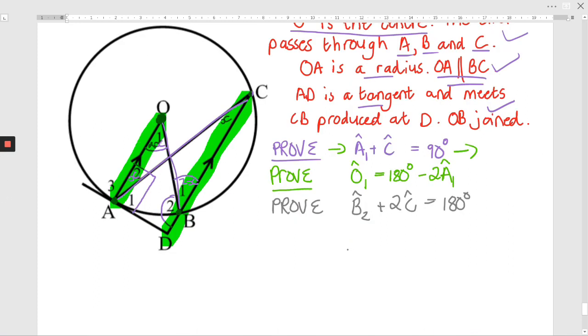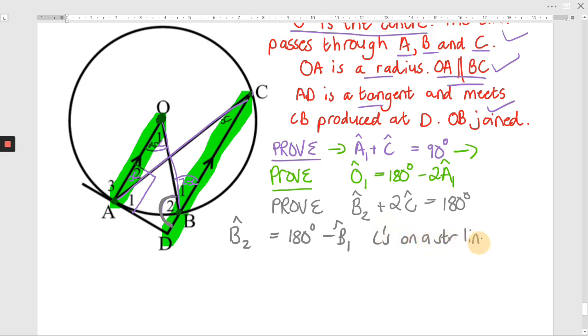I've also left up what I had to prove. I've then got to prove that B2, this angle that I was pointing out earlier that's a little confusing, plus 2C equals 180. Locating it was first an issue. B2 and B1 are on a straight line together, so I'm going to start with that. B2 is the same as 180 minus B1, and my reason there is angles on a straight line.